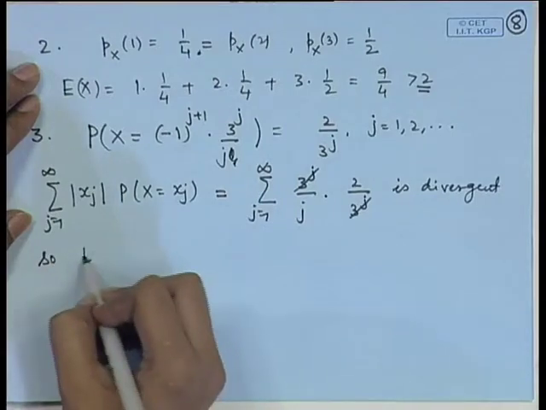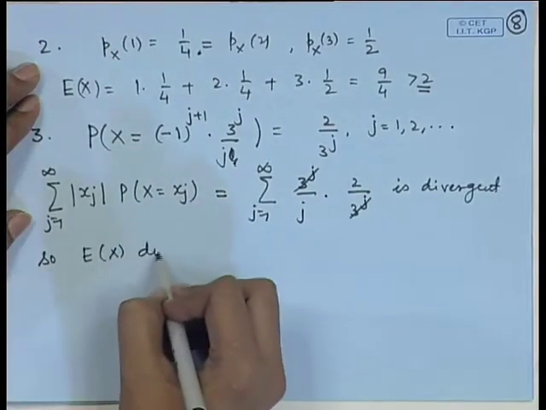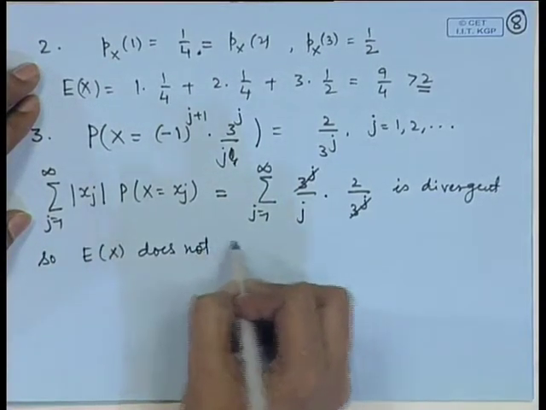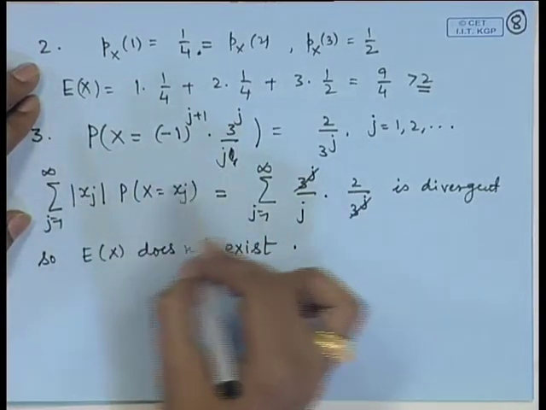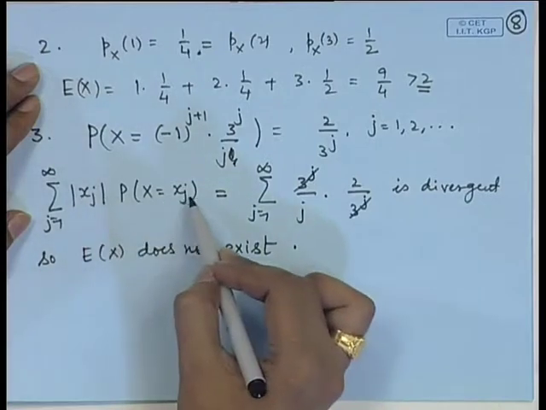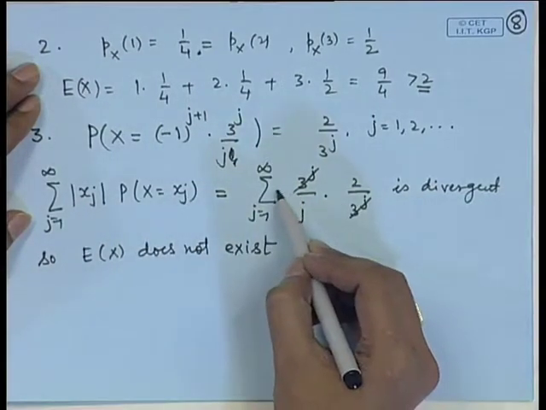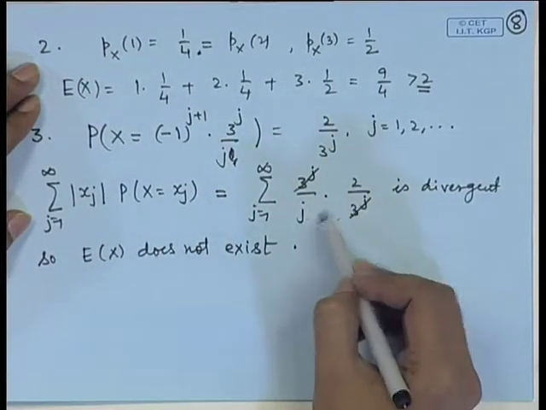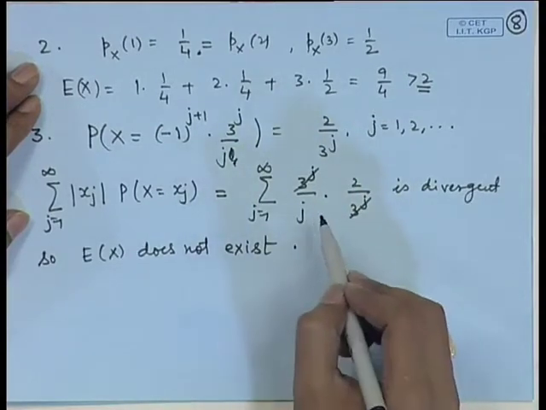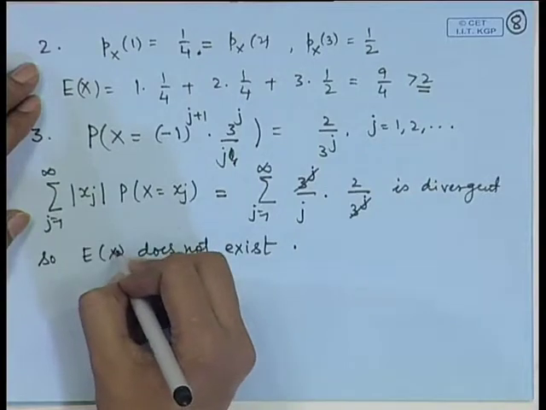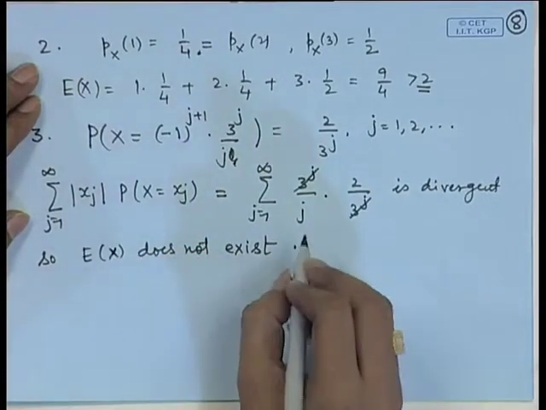So, expectation of x does not exist. Although one may write here sigma x_j probability x equal to x_j, and here you will get (-1)^(j+1) 2 by j, which has value log 2, but it is not absolutely convergent. Therefore, expectation of x does not exist here.